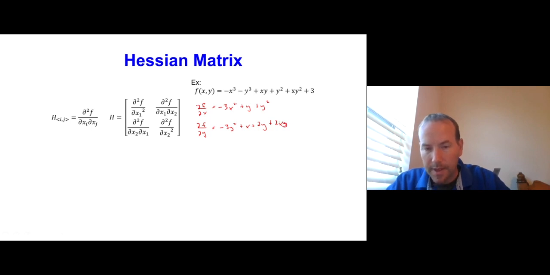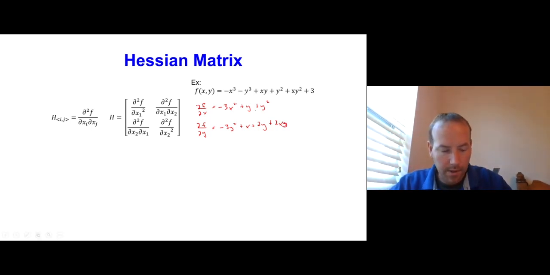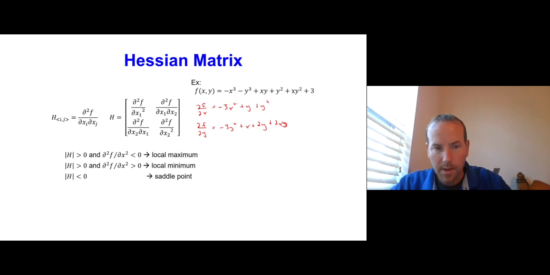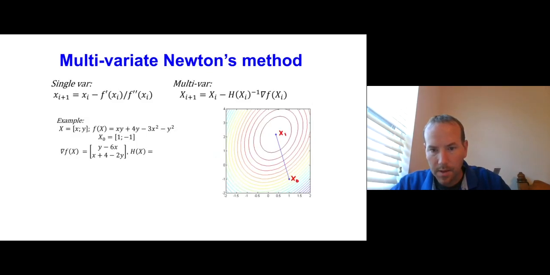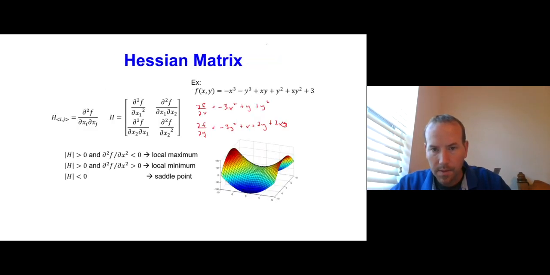Those don't get plugged in yet because we're going to have to take another round of differentiation. So that's just the first derivative, and now we need to be able to take the second derivative.